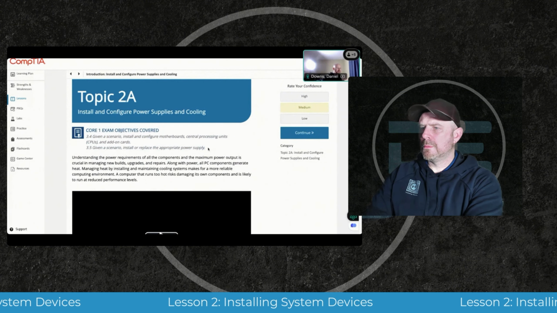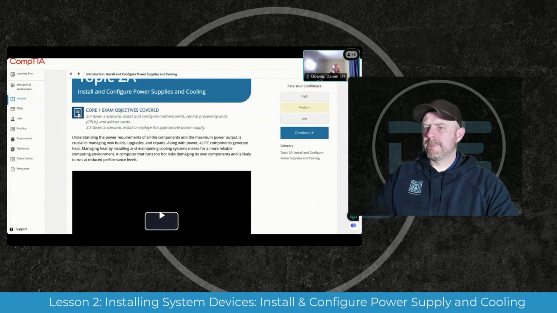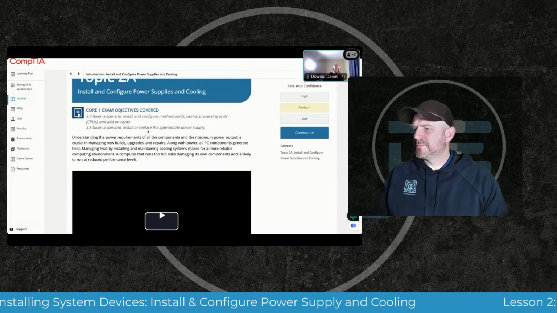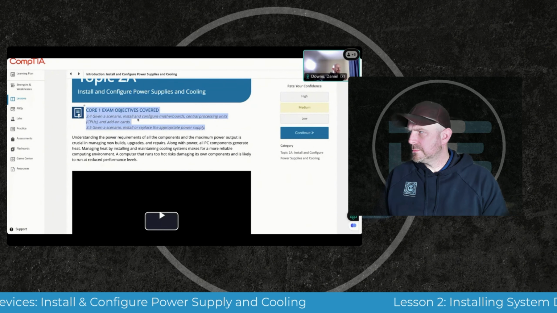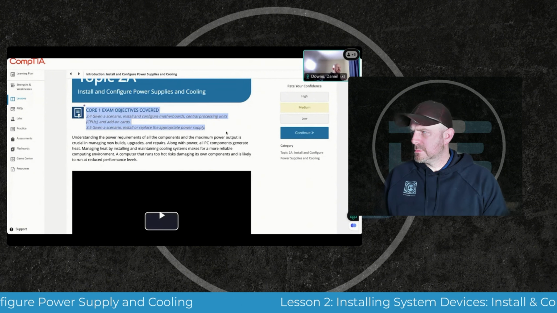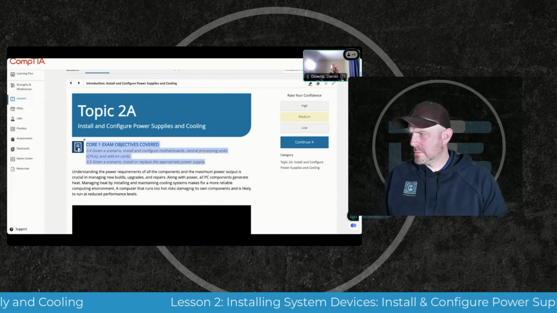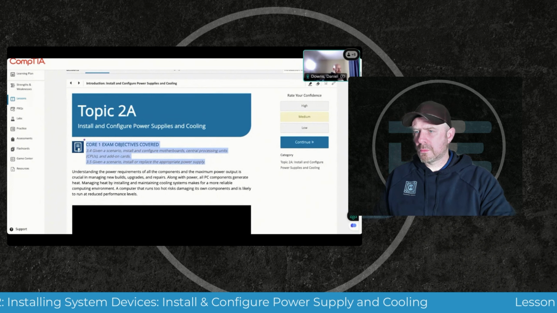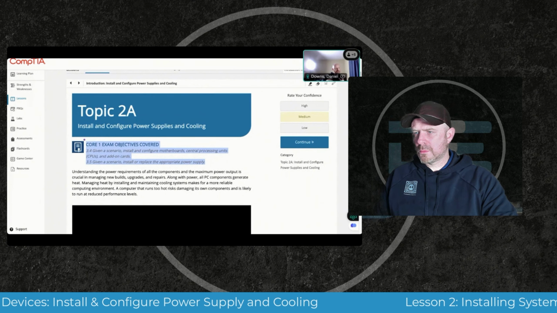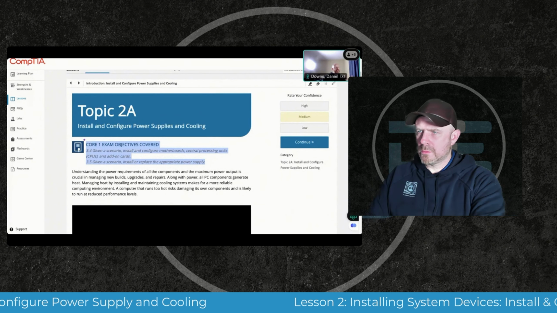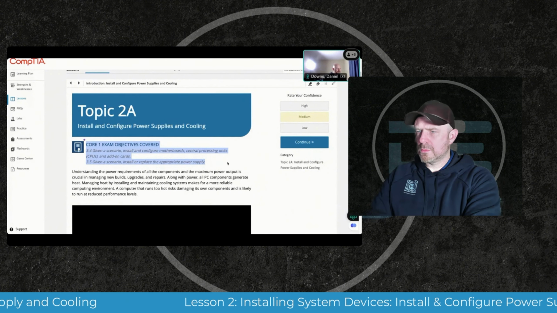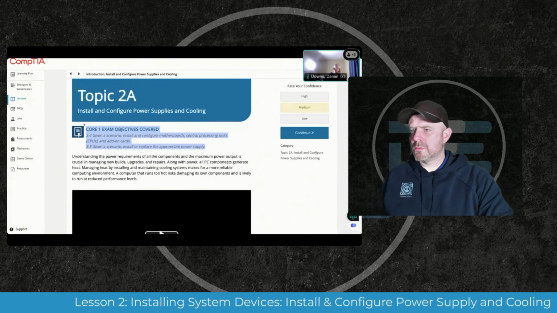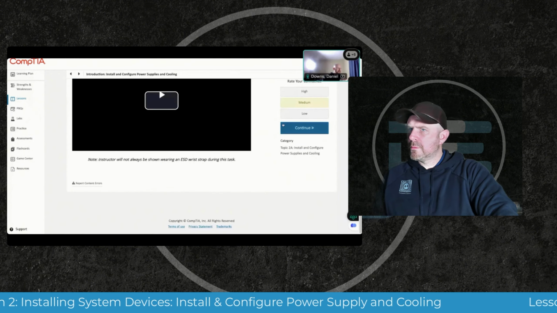Another potential scenario could be installing or replacing the power supply. That's a Core 1 objective. What they mean by a Core 1 objective is that on the Core 1 test, they're going to give you a question that has a scenario in which you need to choose the right answer according to those 2 situations.